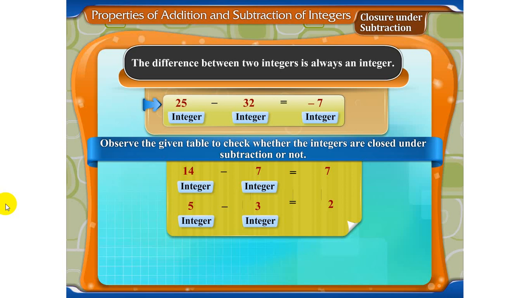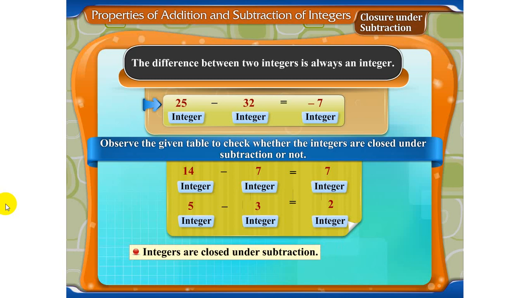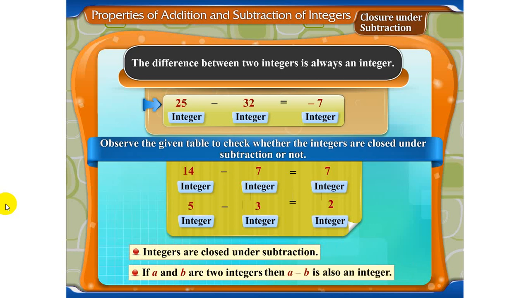For every statement of the given table, the result is again an integer. We can see that integers are closed under subtraction. Thus, if a and b are two integers, then a minus b is also an integer.